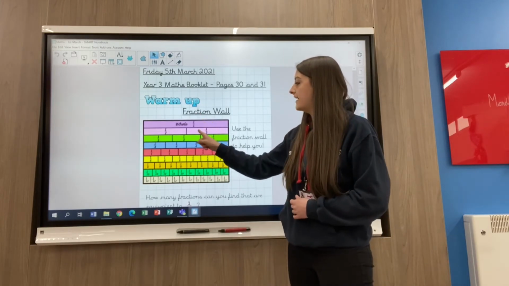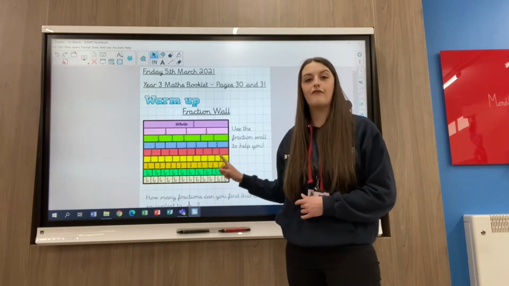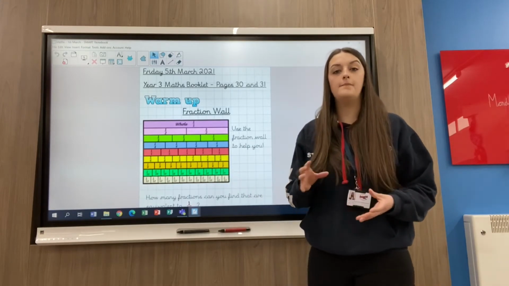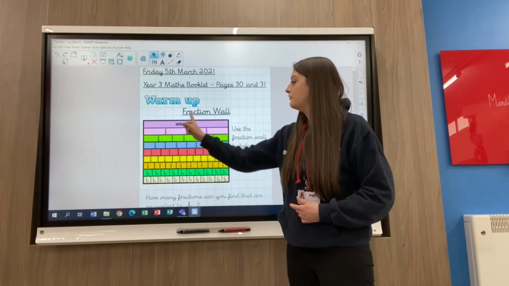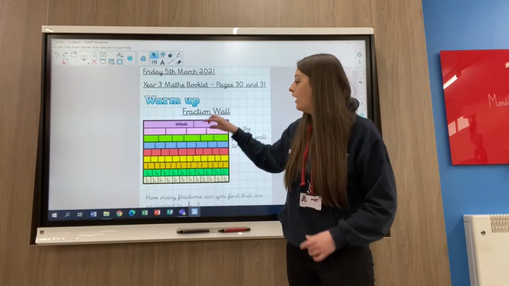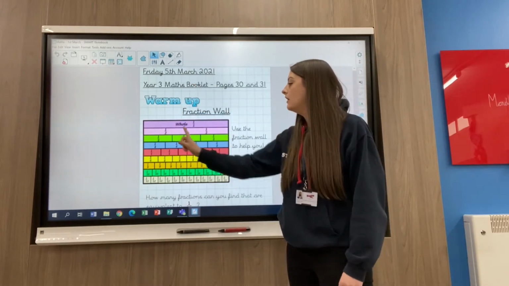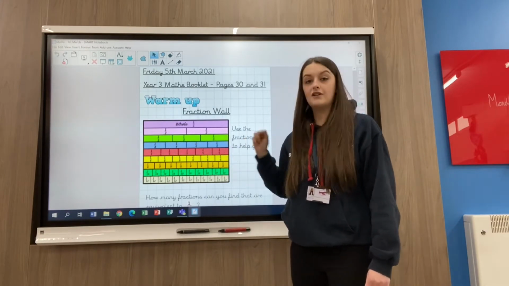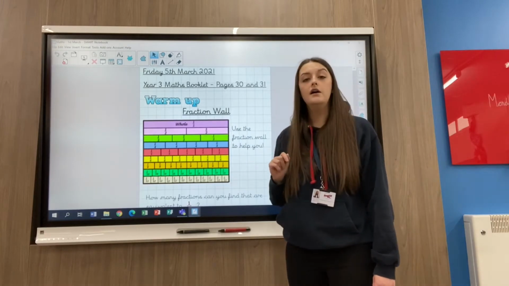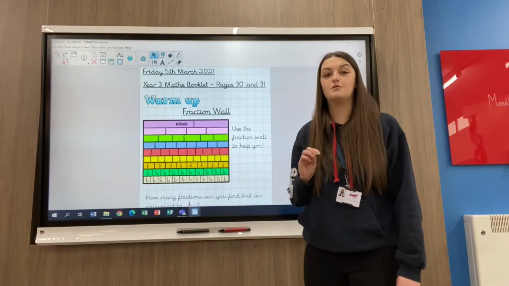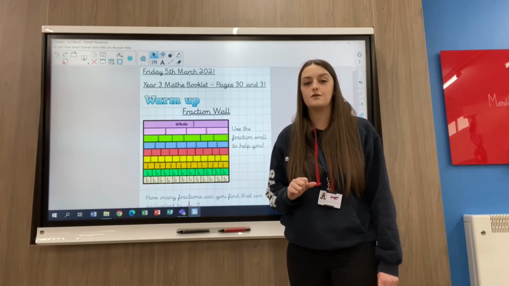Now you can see as I go down, I've got lots of different fractions, and we know fractions are part of a whole. So I've got a half and a half. If we put those together, they make up one whole, so they're equivalent to one whole. I've got 1, 2, 3/3, and we know 3/3 is equivalent to one whole. So we're going to be using this fraction wall to find some equivalent fractions for our warm-up.